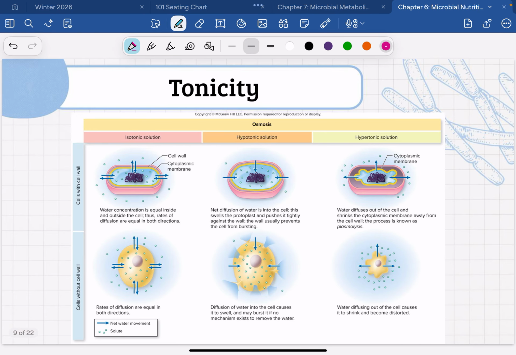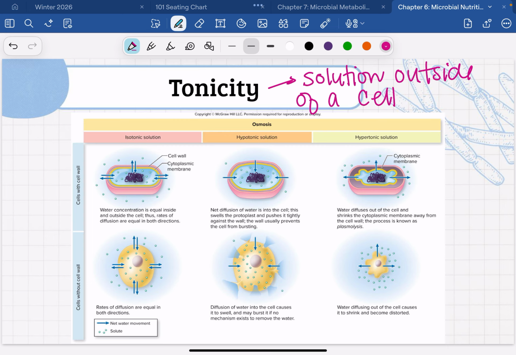All right, so what tonicity is, it has to do with the amount of water in the solution when you're looking at a cell. So it has to do with the solution outside of a cell and what happens to that cell in a particular solution.